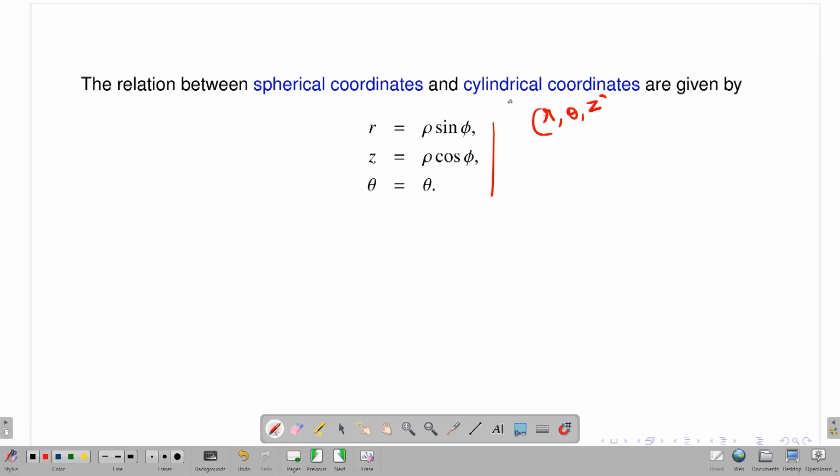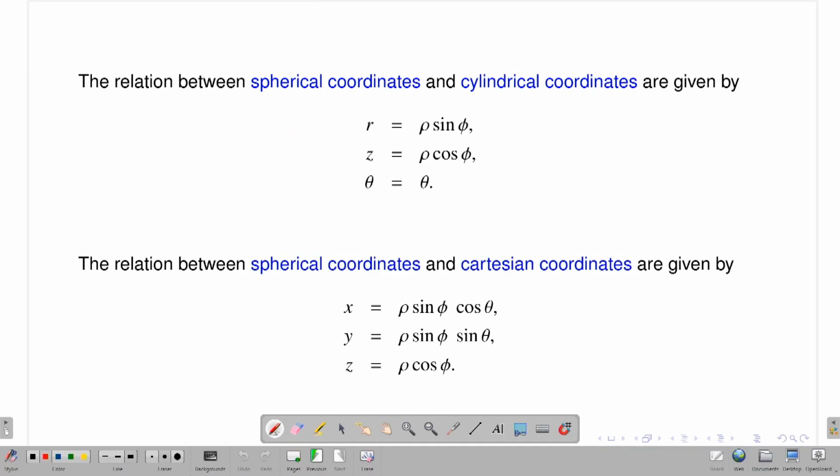So the relation between cylindrical and spherical coordinates is given by little r equal to rho sin phi, z equal to rho cos phi and theta equal to theta.